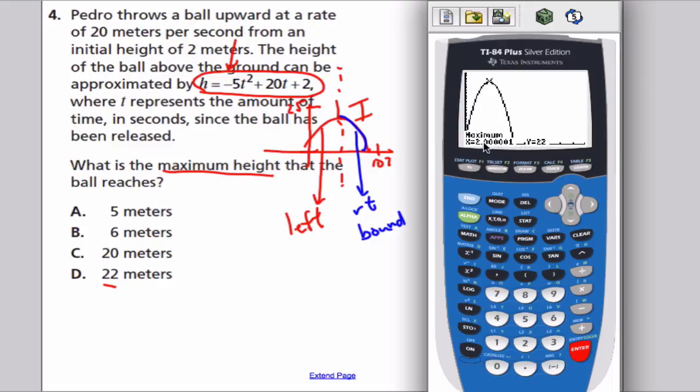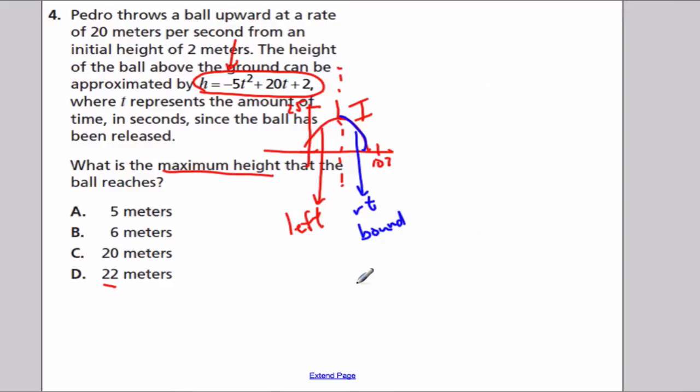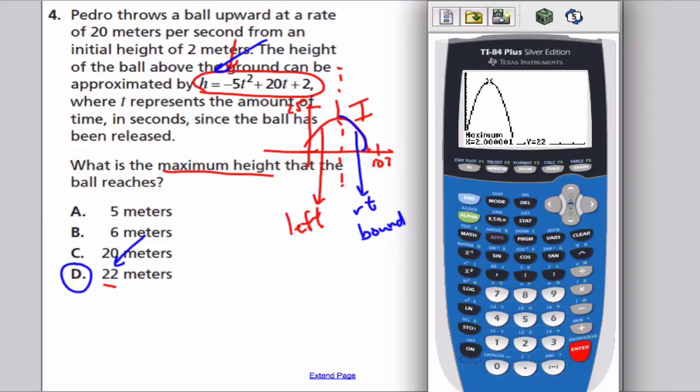All right, so my maximum is 2, 22. So what's my maximum height the ball reaches? If I go back to this, maximum height is this part right here, and that is going to be D, the 22 meters, because on my calculator, here's my 22 sitting right here. That's my answer out of these choices, and that gets you through number 4.